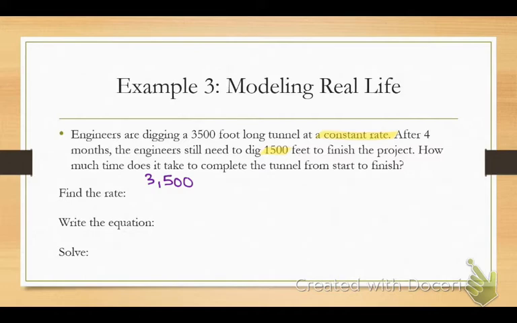So if I know after 4 months how much they have left, what could I do to figure out how much they've actually dug? Connor? You divide by, not divide yet. If I subtract how much they have left, would that tell me how much they've completed in 4 months?